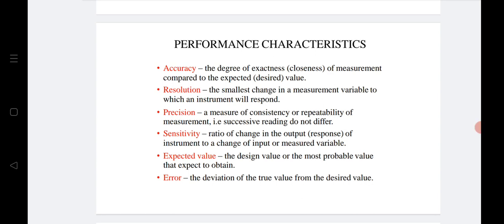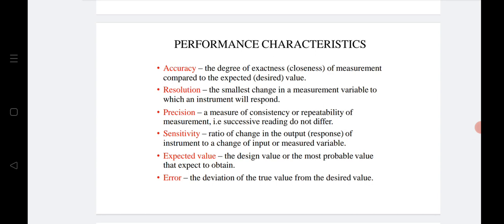I will place the same quantity on the weight machine and take the readings repeatedly. Whether the reading stays constant or varies from one measurement to the next, that is known as precision.